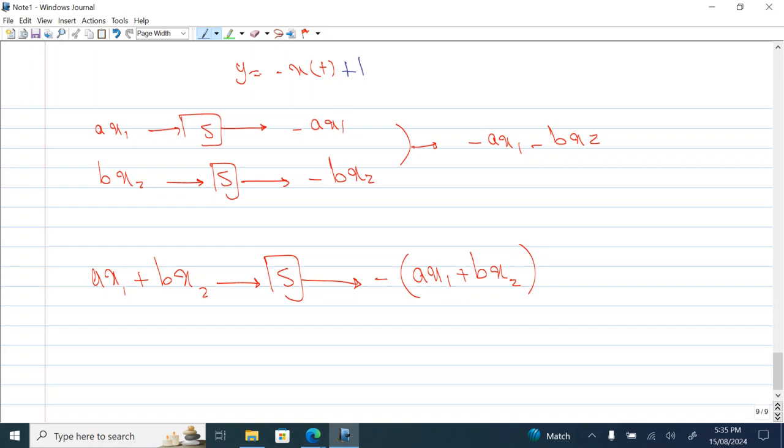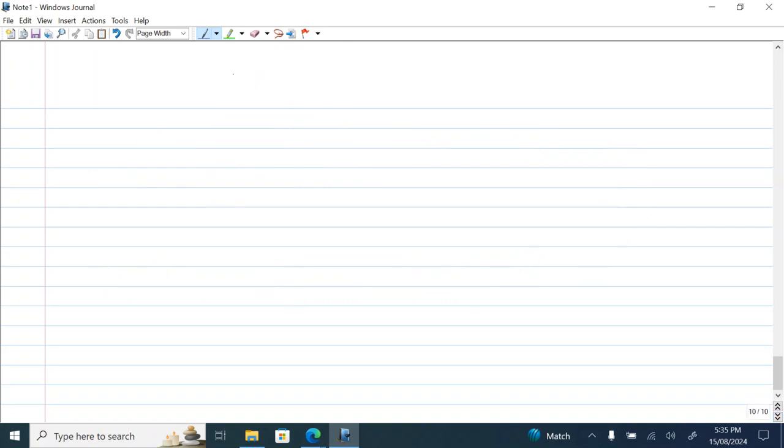So previous question, yes, that was linear because we compared these two and they are equal. Now, what I did was I added 1 to it. Now we are dealing with, I'm going to write it here, yt equals minus xt plus 1.